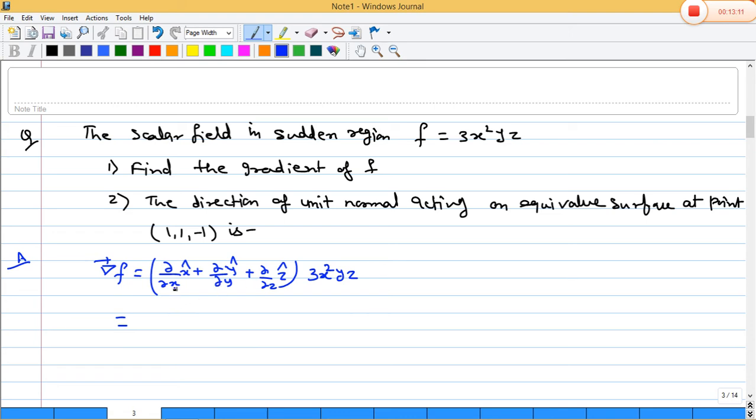If I differentiate with respect to x, then yz will be constant. So 6xyz x cap plus 3x²z y cap plus 3x²y z cap. Is that clear?